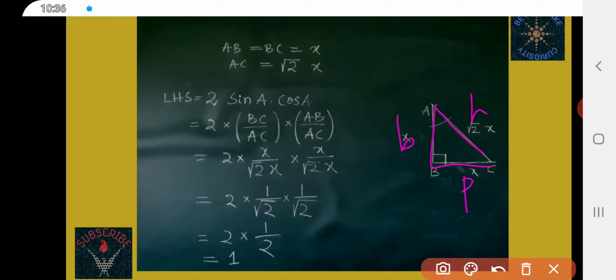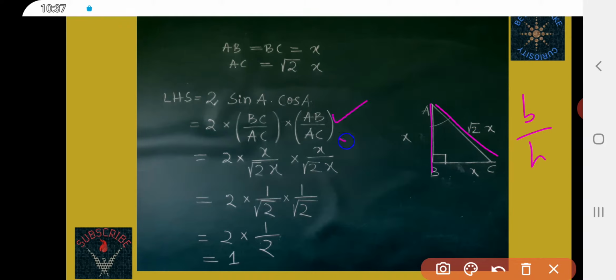So sin A is P by H, so P is here BC by AC. Similarly cos A is B by H, so B is AB, H is AC.